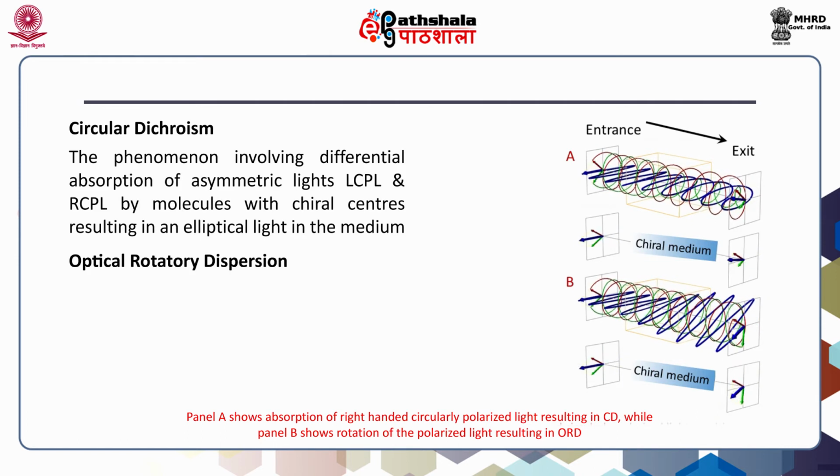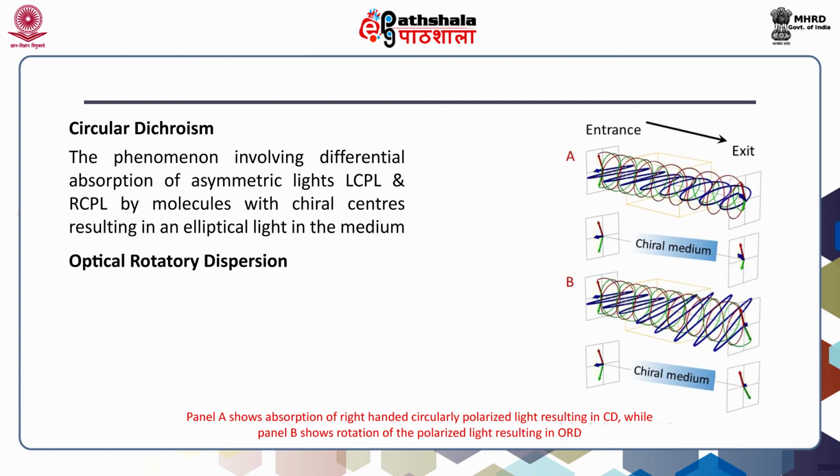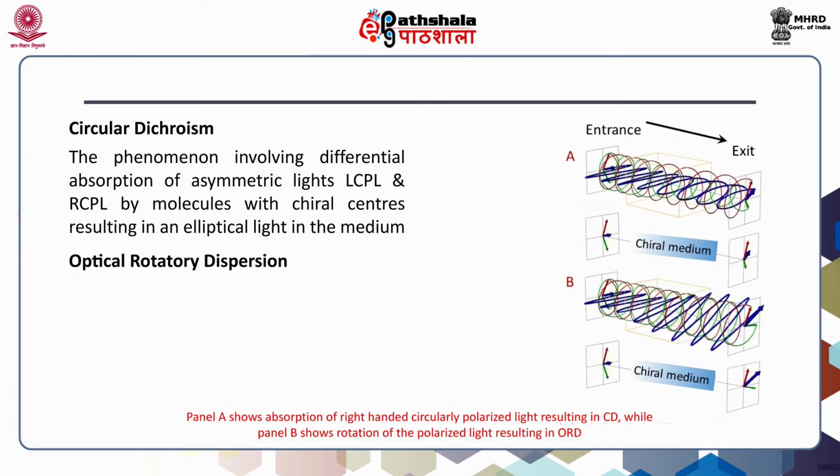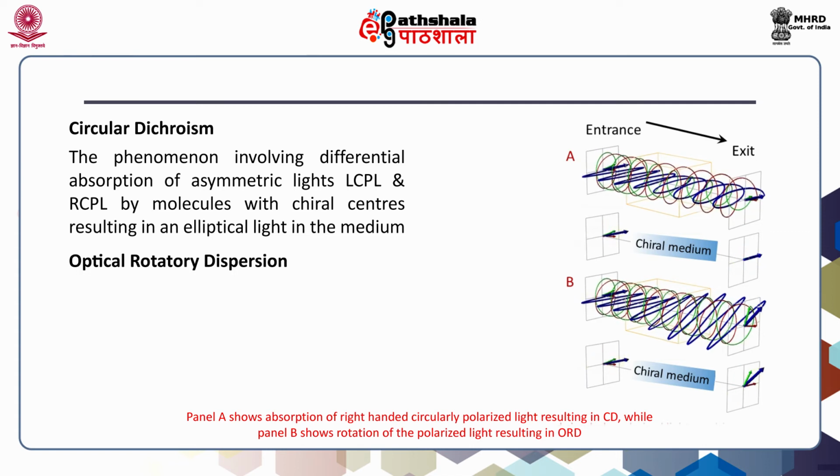The phenomenon involves differential absorption of asymmetric lights, that is LCPL or left-handed circularly polarized light, and RCPL, the right-handed circularly polarized light, by molecules with chiral centers, resulting in an elliptical light in the medium.